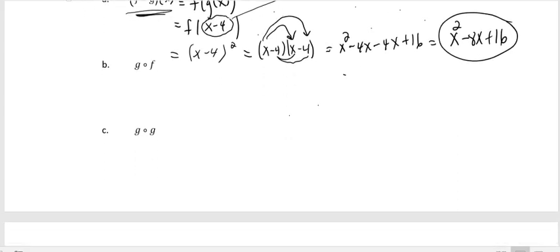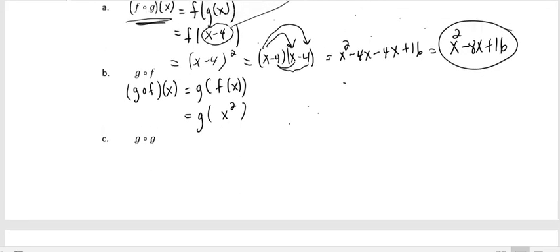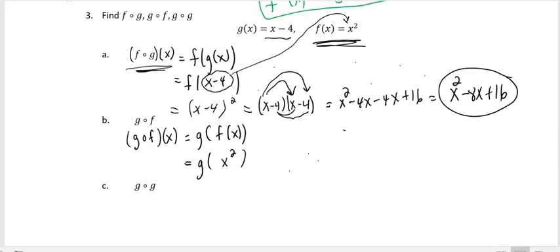G composed of f. So again, if it helps, rewrite this the way it's defined. This is the same as g of f of x. So now notice that the f of x is inside because it's the second function in this composition. So f of x is x squared. And if it helps, let me just move it up a little bit so we can see the equations.